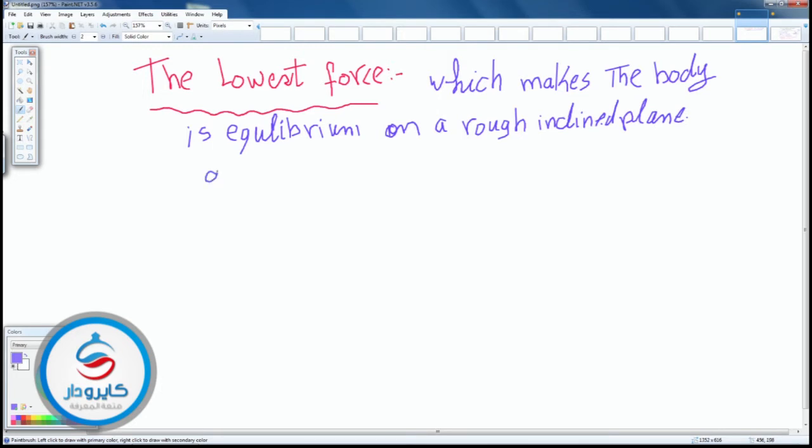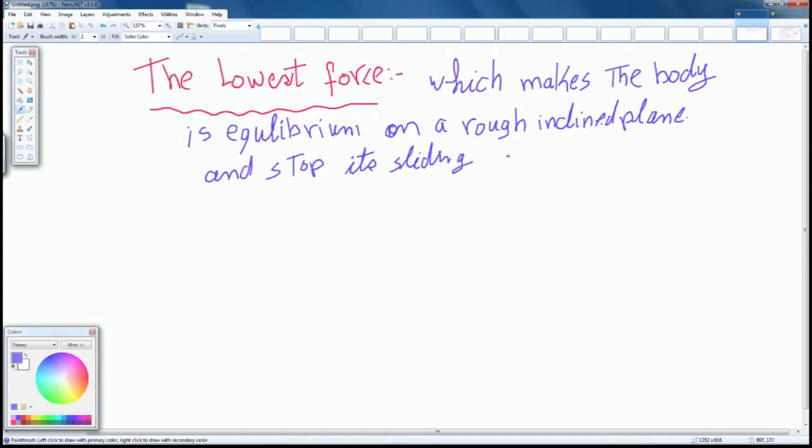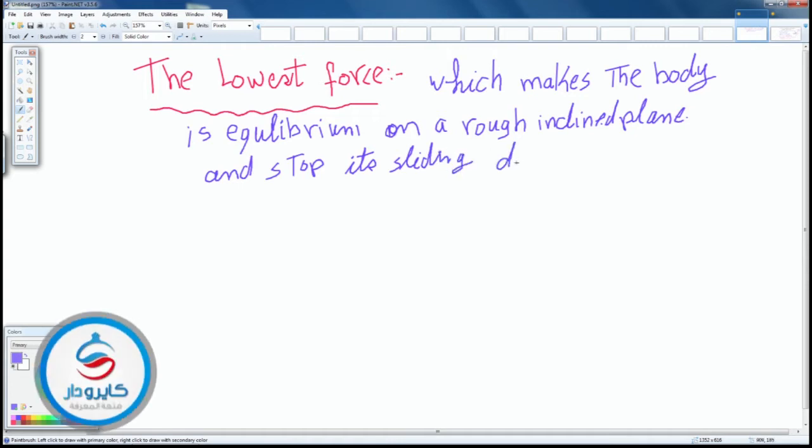and stops its sliding down the plane. Like what?